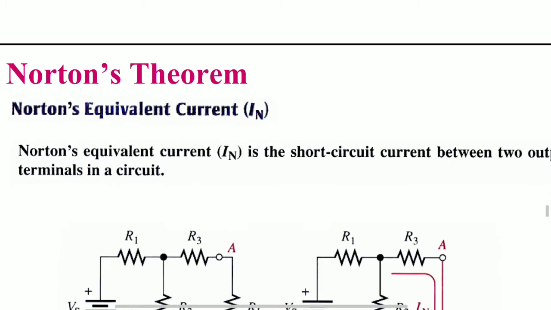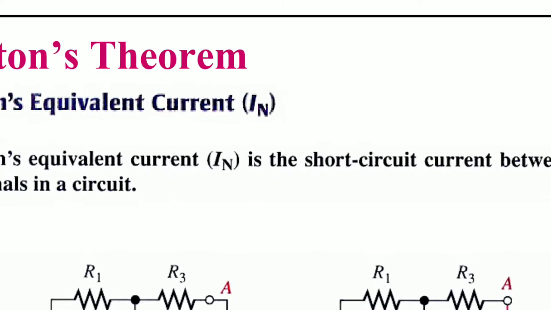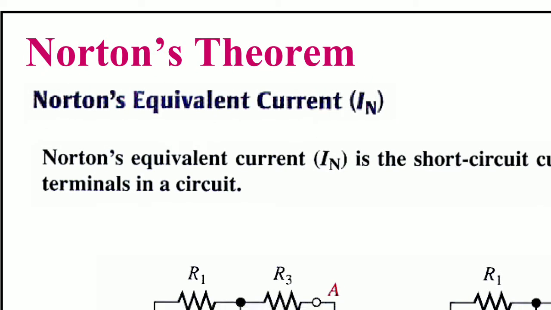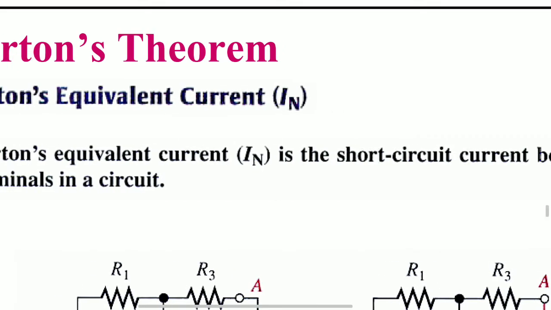Now, how to find Norton's equivalent current. Observe this one. Norton's equivalent current is denoted as IN. Norton's equivalent current IN is the short circuit current.